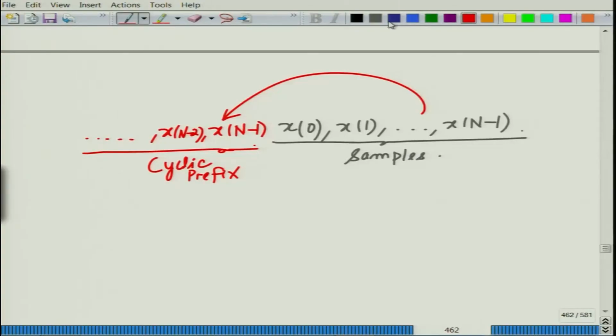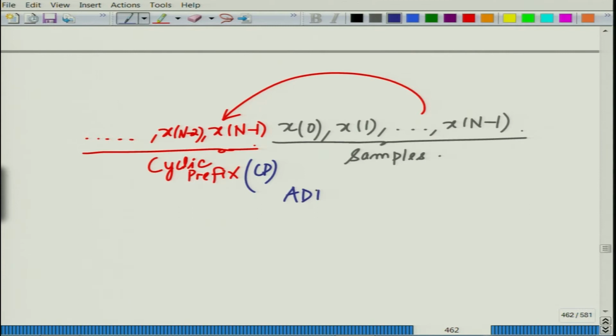This is an important step in OFDM. This process is known as the addition of a cyclic prefix. This repetition itself is the quantity that is prefixed at the head. This is known as a cyclic prefix, right. So, this process is known as the addition of a cyclic prefix. Cyclic prefix is also abbreviated as CP.